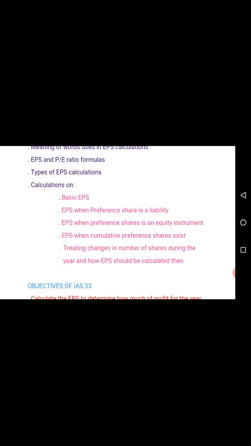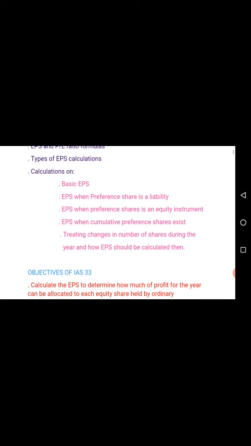Basic EPS; calculating EPS when preference shares is a liability, that should be the second one; calculating EPS when preference shares is an equity instrument; then EPS when cumulative preference shares exist; and finally, treating changes in number of shares during the year and how EPS should be calculated then.